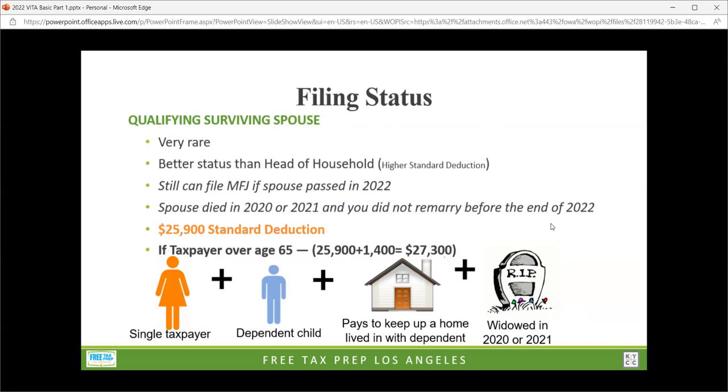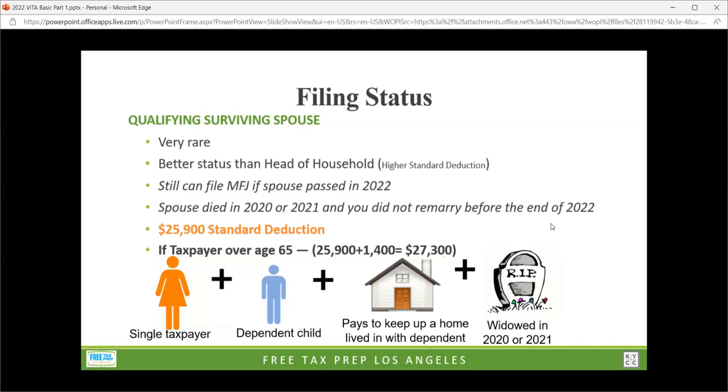If the spouse passed away in 2022, the taxpayer can still file as married filing joint. If the spouse died in 2020 or 2021 and the taxpayer did not remarry before the end of 2022, it still can qualify as a surviving spouse.